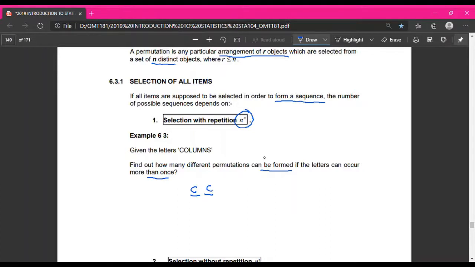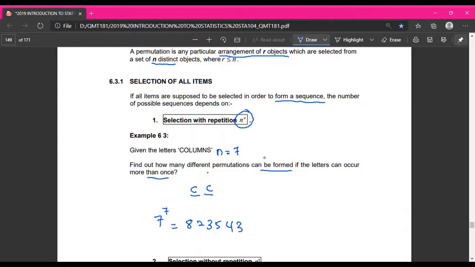So the formula: n is 7. So the answer will be 7 power of 7, which is 823543.